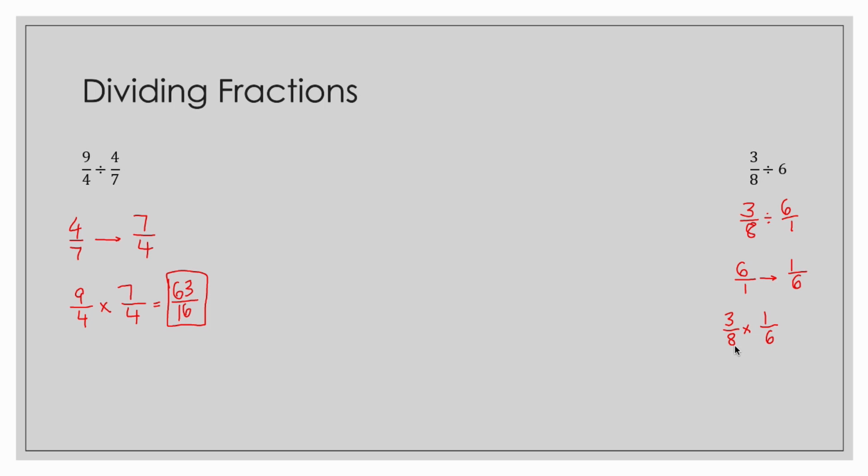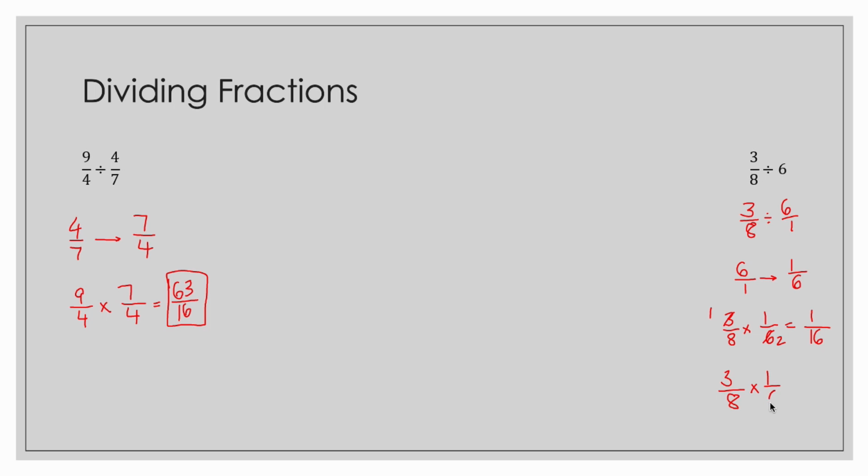So 8 and 1 have the GCF of 1, so that can't be simplified, but 3 and 6 have a GCF of 3, so we can divide both of these numbers by 3. 3 divided by 3 is 1, and 6 divided by 3 is 2, so this is basically equal to 1/8 times 1/2, and we get 1/16 as our answer.